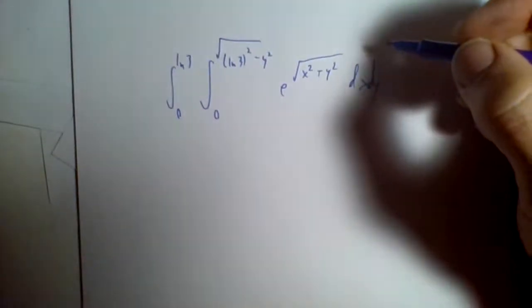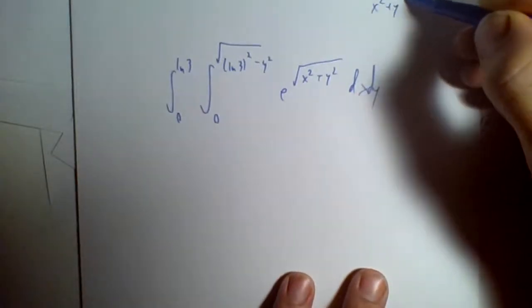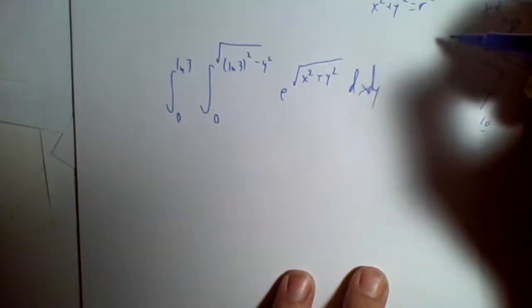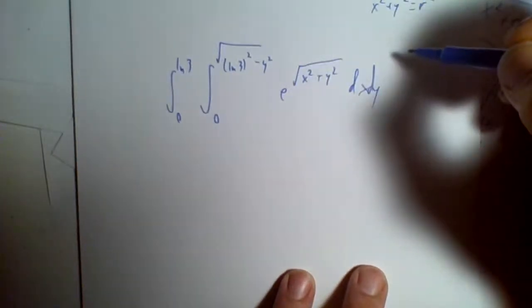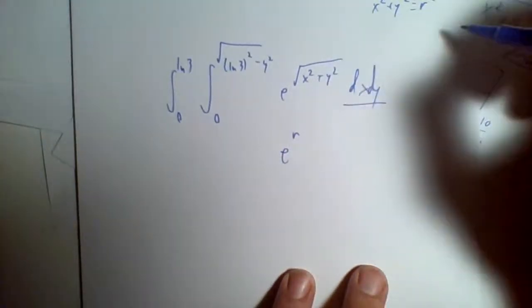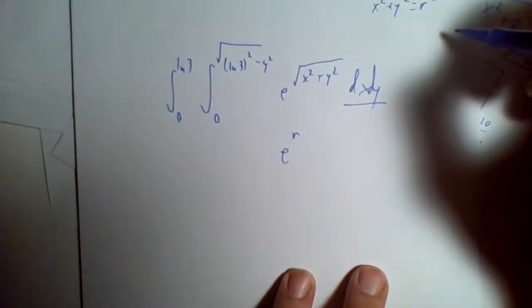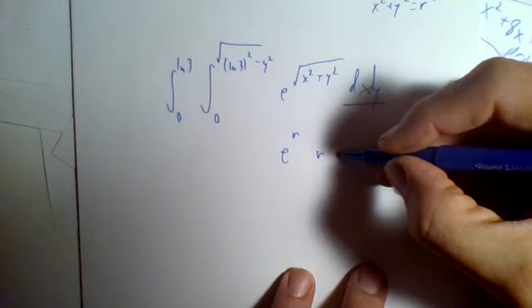Now, polar conversions are this: x squared plus y squared equals r squared. So this thing is just positive. That's e to the r. That's going to be nice. The unit of area going from a rectangle to a polar thing, instead of dx dy, in polar it's r dr d theta.